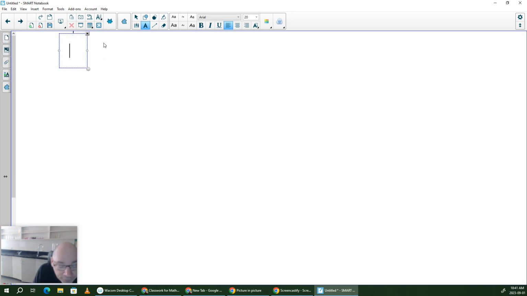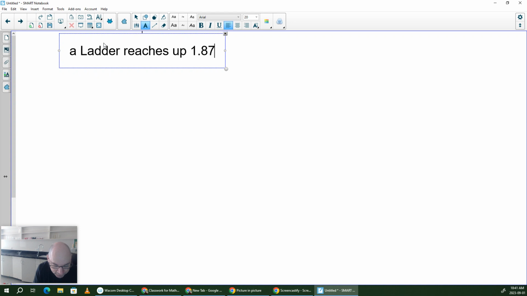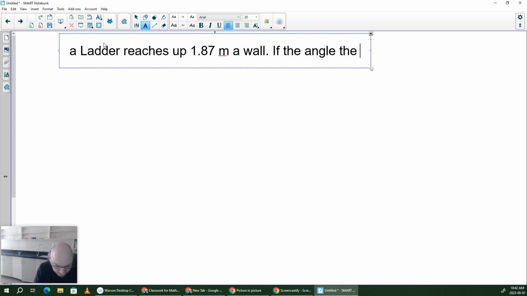So let's say that a ladder reaches up 1.87 meters a wall.